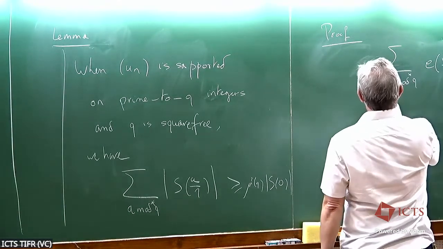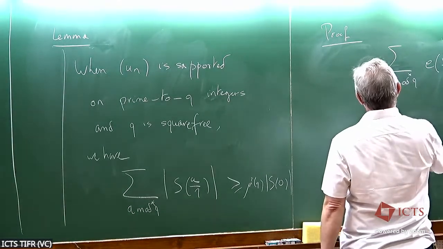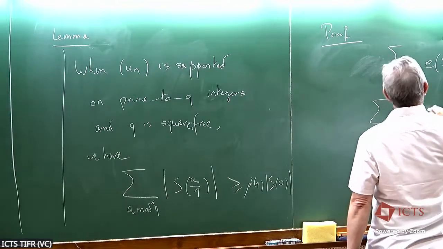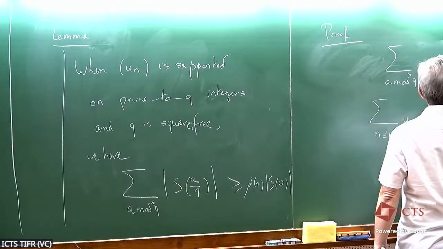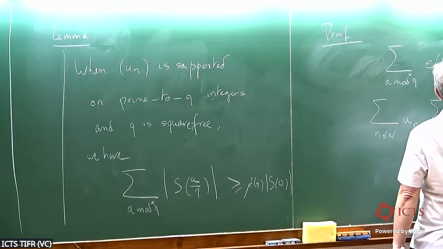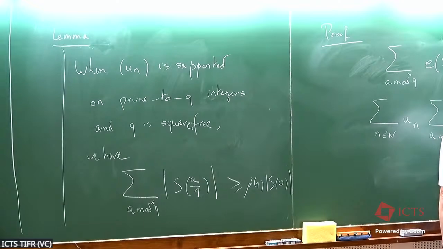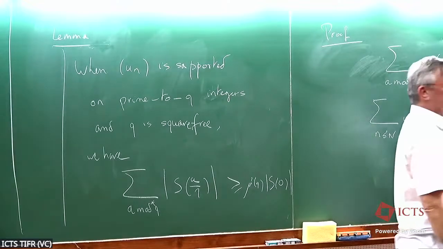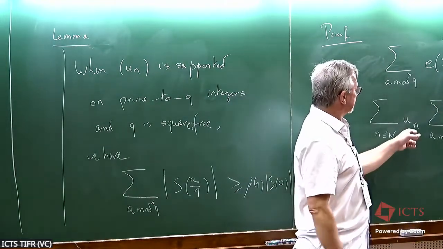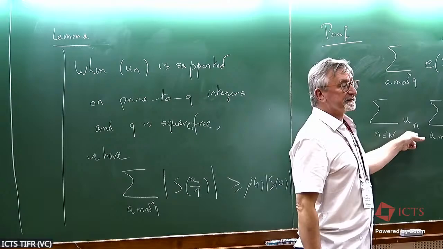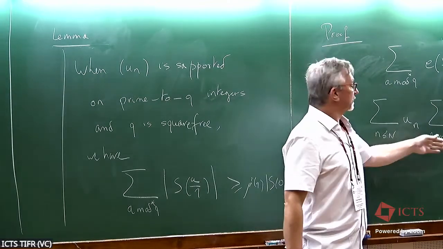And the sum over n less than N of u_n times the sum over a mod star q of e(na/q) equals mu of q times the sum over n less than N of u_n. And since I've assumed that u_n is 0 if n is not prime to q, this works.